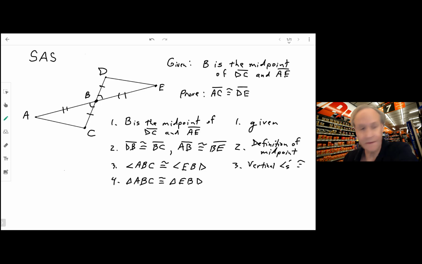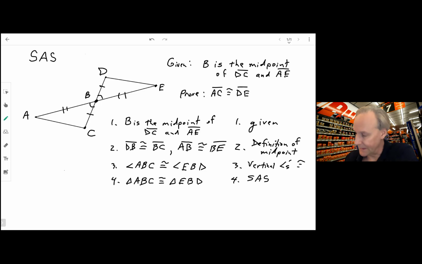It's important that you write them in the order that they appear, because that way you can read the different parts. AB, for example, is the same as EB, and BC is the same as BD, and so on. So this is by side, angle, side, congruence relation.